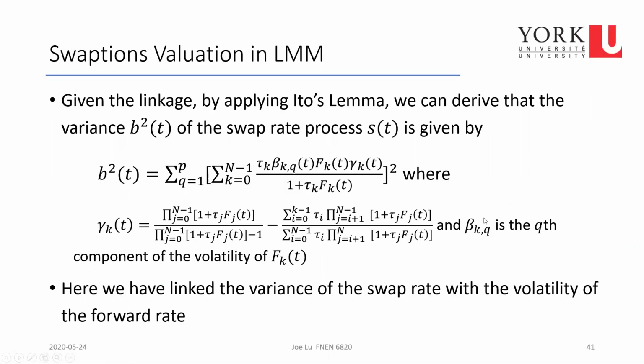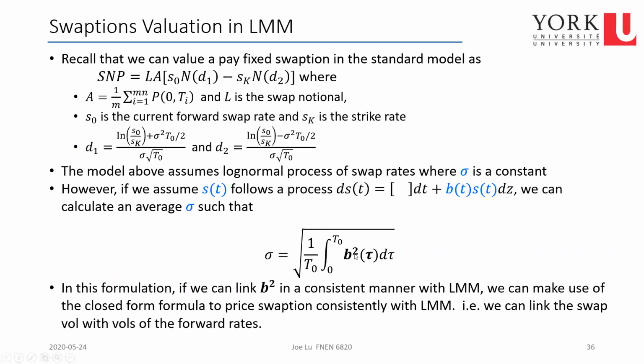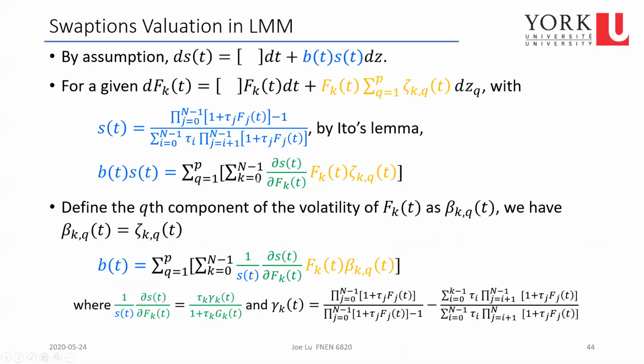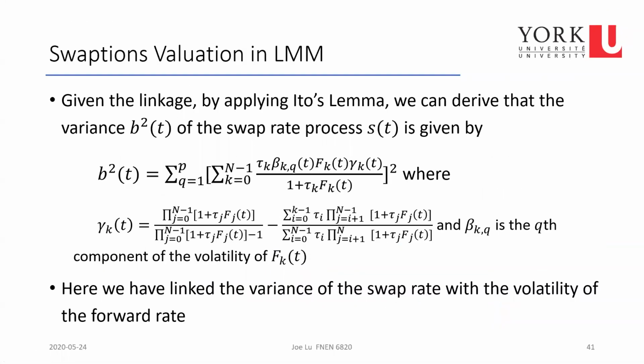Now, I'm going to present the result first, and then I'm going to derive this result. So basically, the B square we needed for the formula earlier, to get this sigma that we can use here, is really this expression here, a somewhat complicated expression.